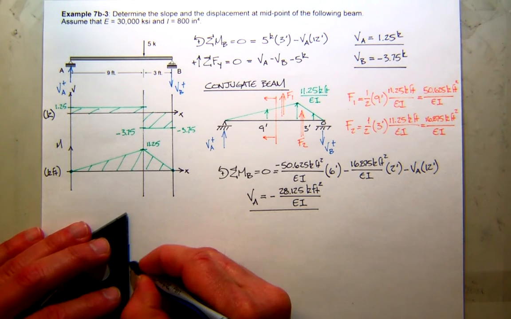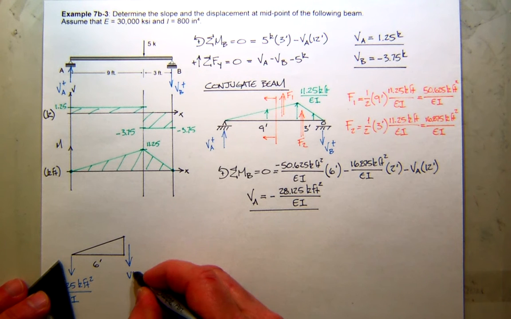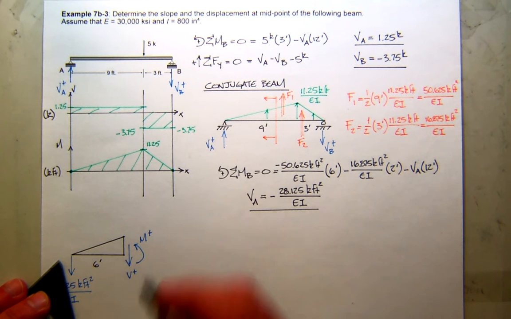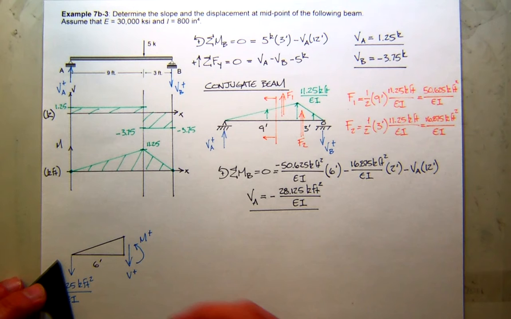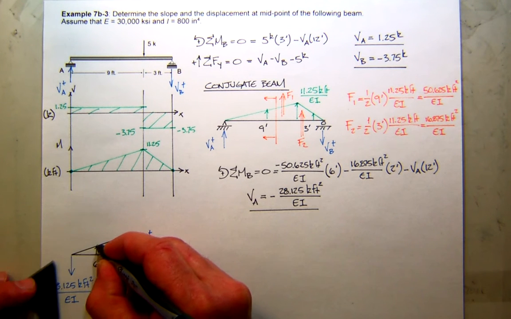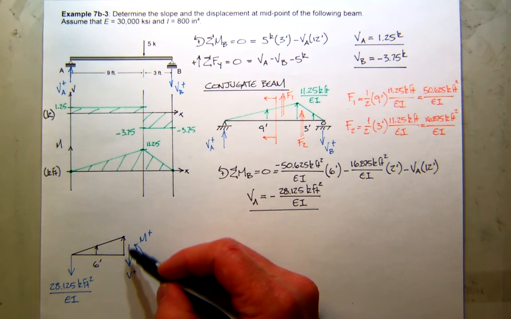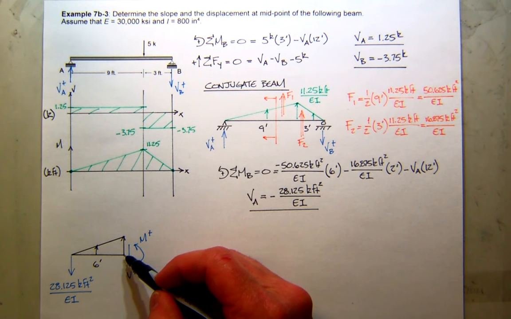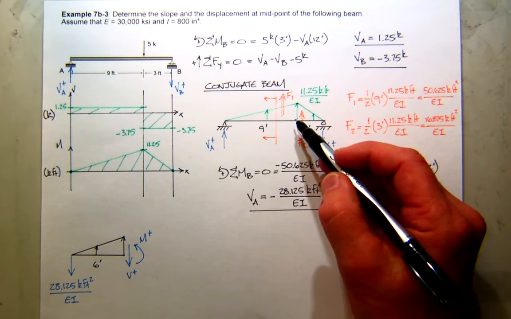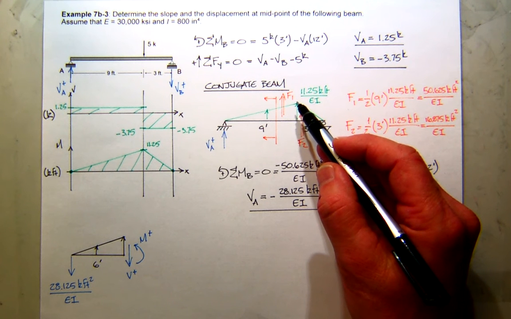At the cut, I'm going to be interested in the shear and the moment. So there's the positive values for those. So now what I have to do is figure out what's the intensity of the load at 6 feet. Well, I know as I go from 0 to 9 feet, I go up to 11.25.